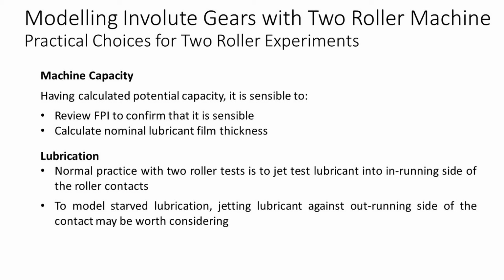On the subject of lubrication, the normal practice with two-roller tests is to jet test lubricant into the in-running side of the roller contacts. To model starved lubrication, jetting lubricant against the outrunning side of the contact may be worth considering.